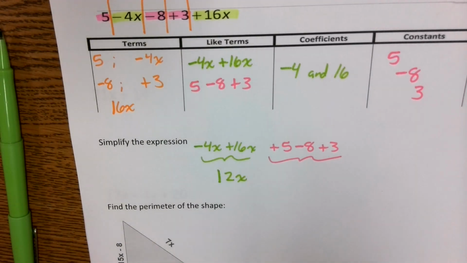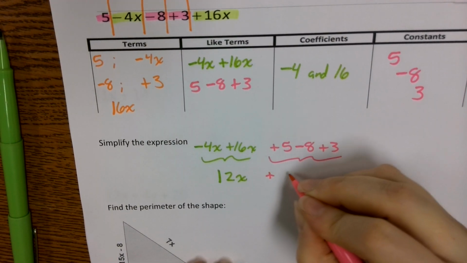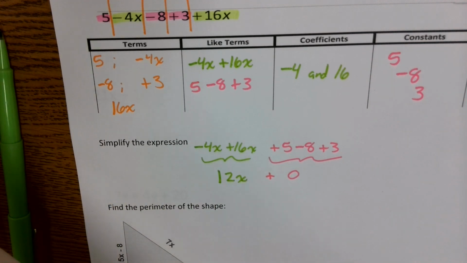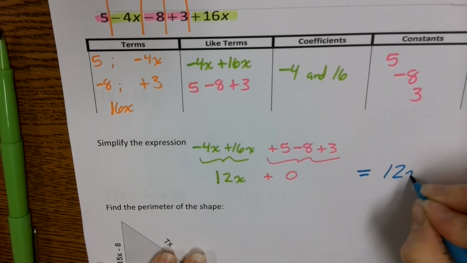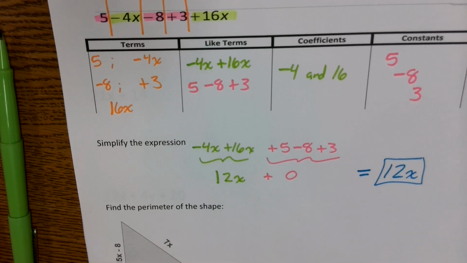What does that become? 0, right? So it's like, oh, I'm adding a 0 or even subtracting a 0. But do I have to write the 0? No. So my final answer can just be 12x. You don't have to write plus 0 or minus 0 because the 0 is not going to affect it for addition.